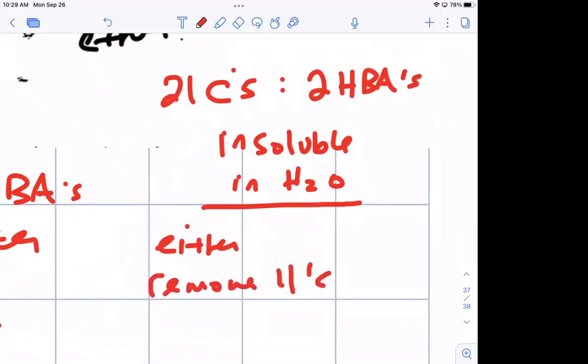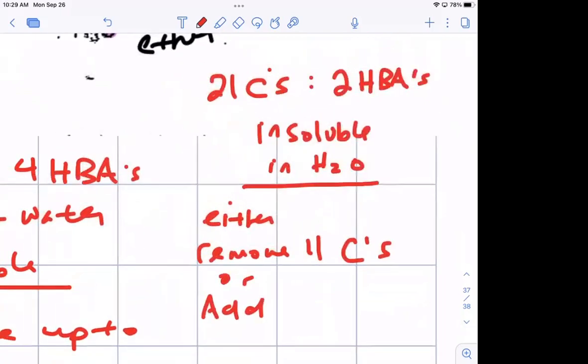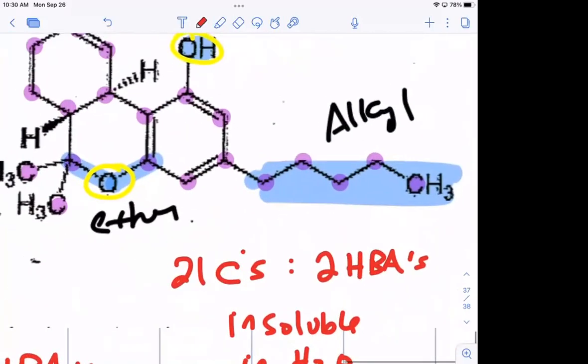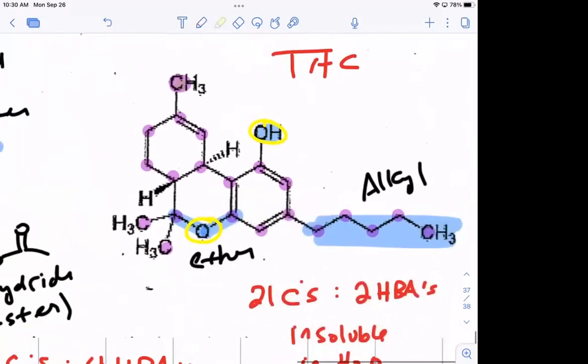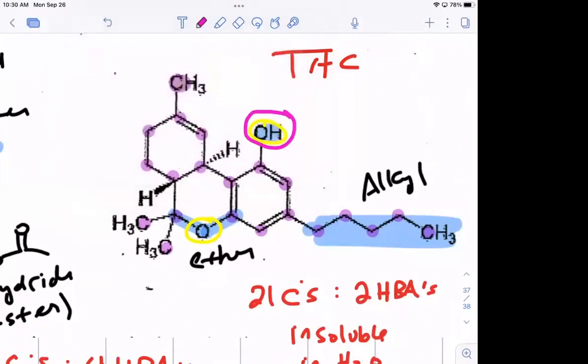Okay, good. 11 carbons, or how many hydrogen bonding atoms will we add? 3. So you either subtract 11 or add 3. Most of the time with something like this, if you want to make it water soluble, your best bet synthetically is to add something to this alcohol right here. Add some other functional group that has some hydrogen bonding atoms in it.